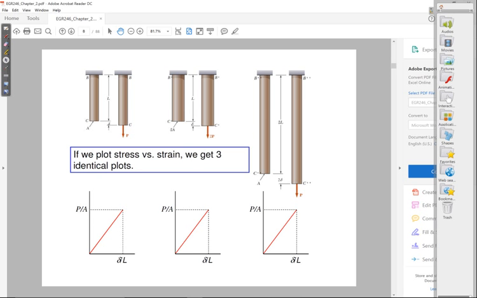You will always get this straight line. What that means is that this plot of stress versus strain is a material property. It's a property of the material that you're performing your tests on.